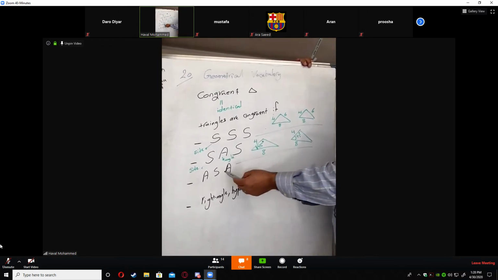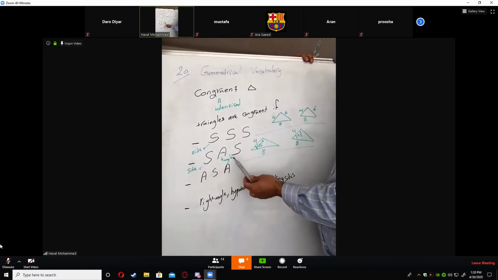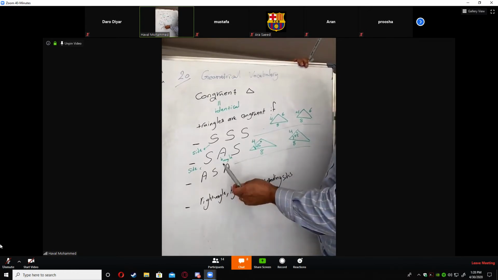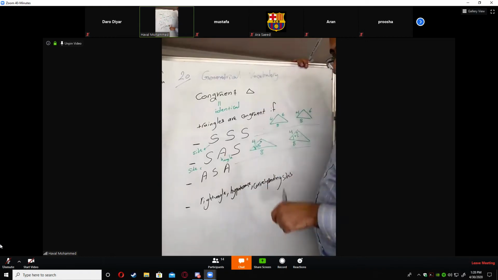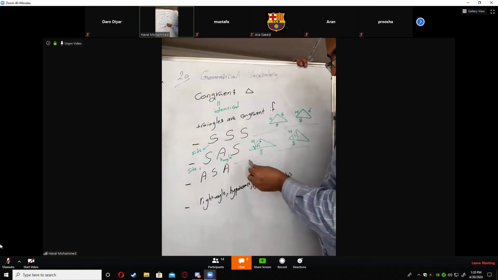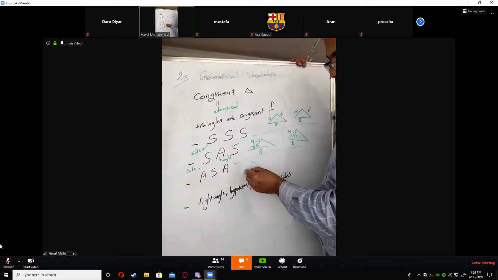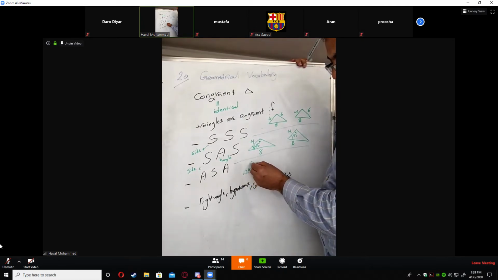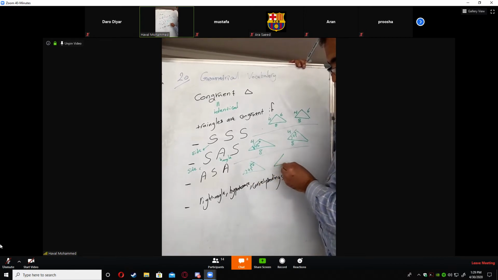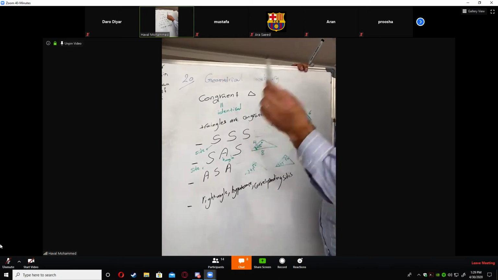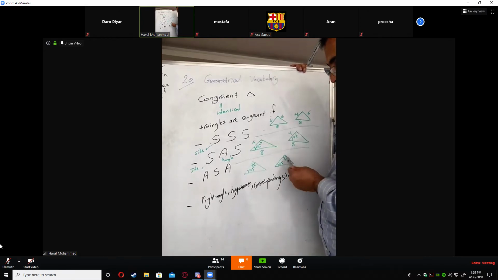The next one is opposite to this one. This time we have angle, side and angle. It means 2 angles and the side between them. For example, this is 45 degrees, and this is, let me say, 50. Again, this is 50, and this is 45. Then the side between the 2 angles, not any other side.